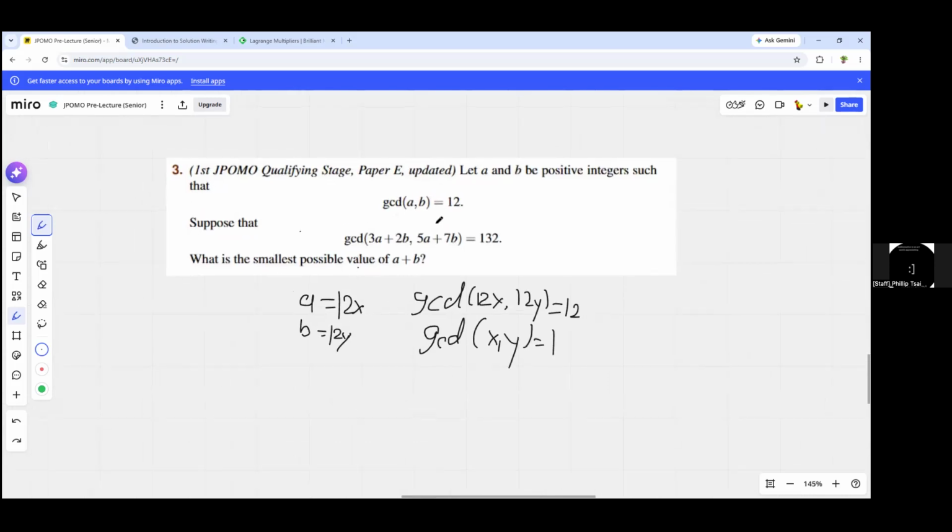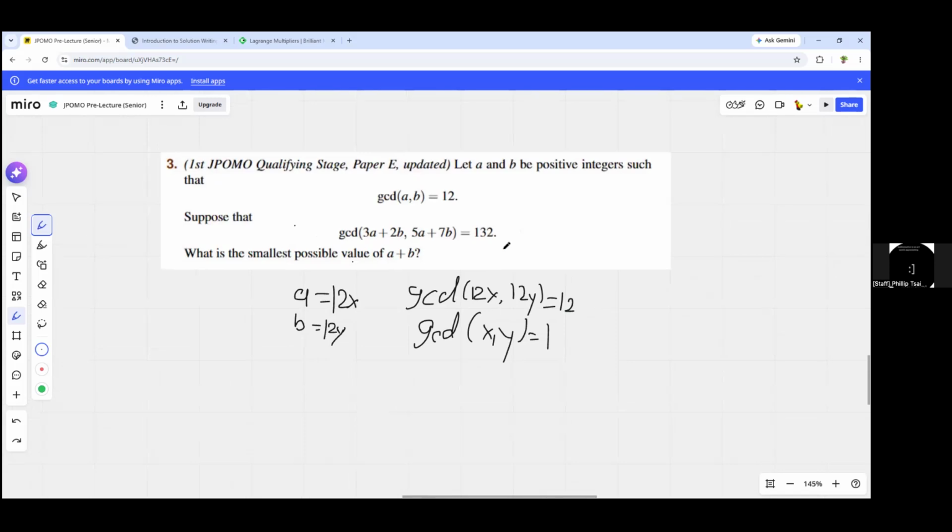Now we also need another technique for this problem, which is the Euclidean algorithm, a very useful technique for the greatest common divisor of large numbers.